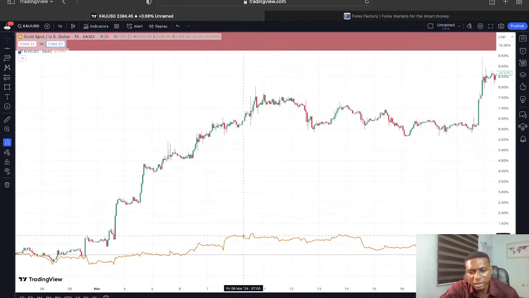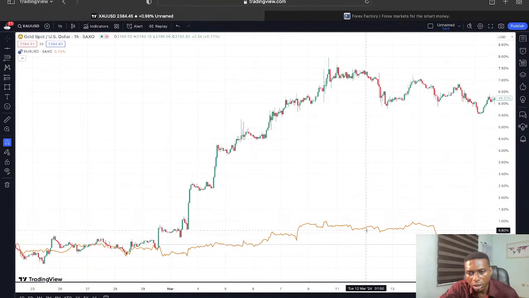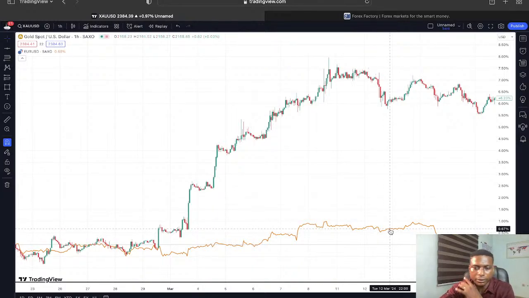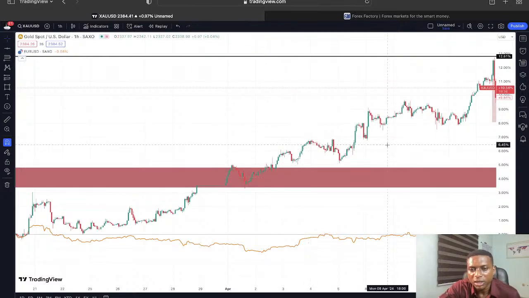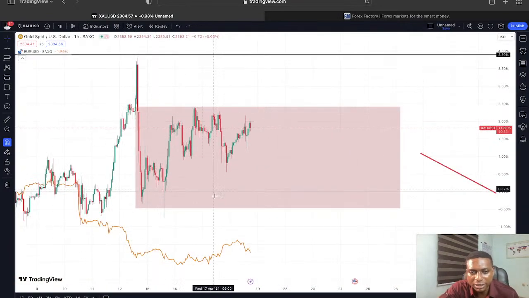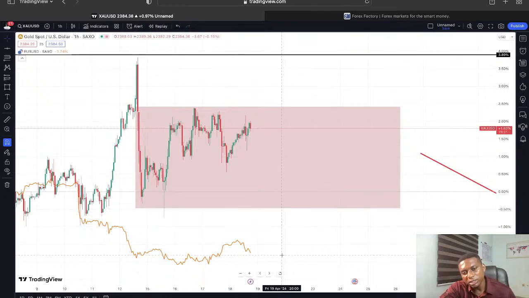Because this yellow line is Euro USD. All right, so is it safe to say that? So say there is a divergence here, that gold is going up, Euro USD is coming down, right?